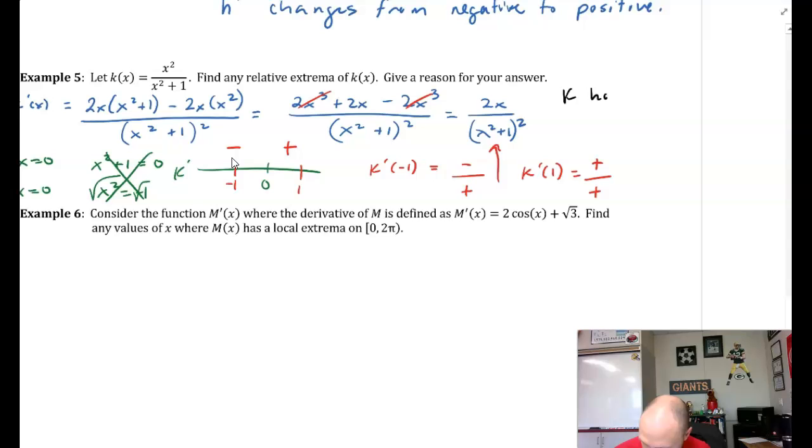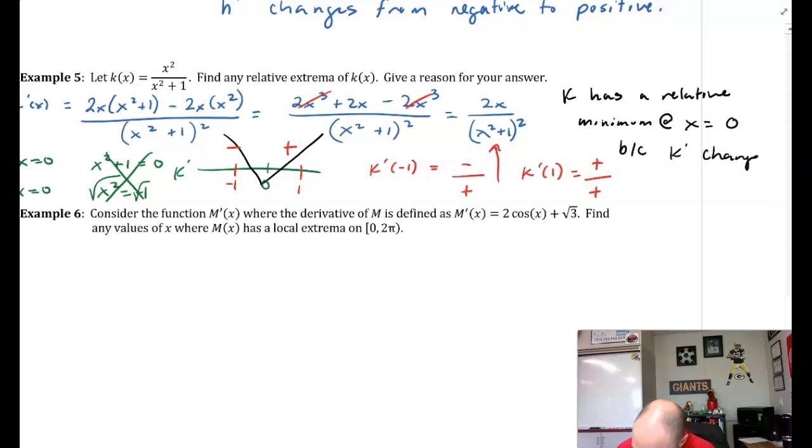Well, k has a relative minimum at x equals 0, because k prime changes from negative to positive. There you have it. Pretty straightforward.